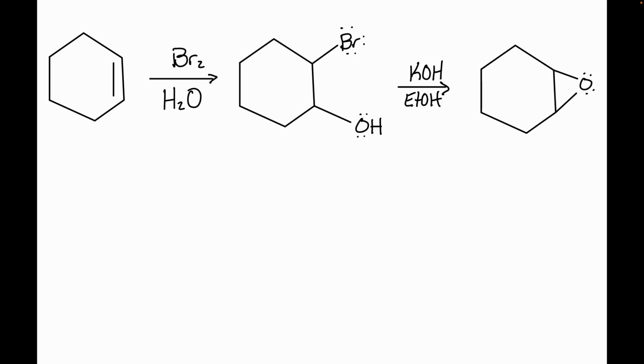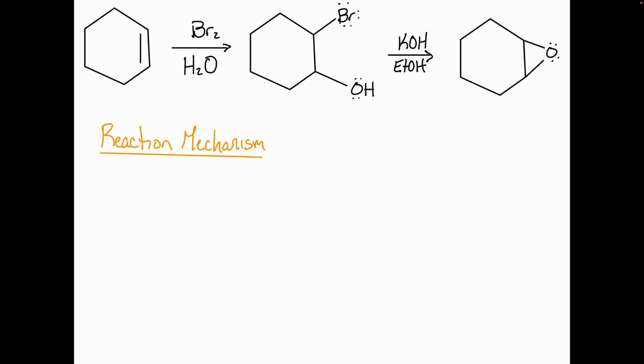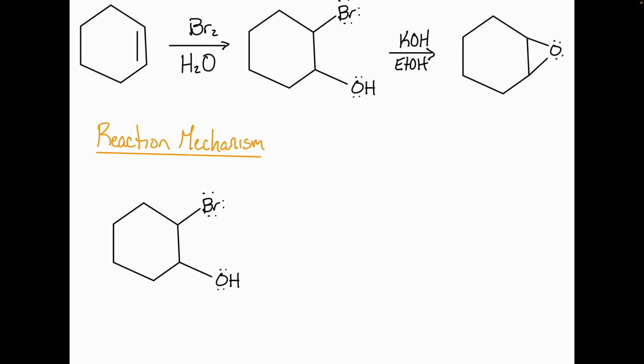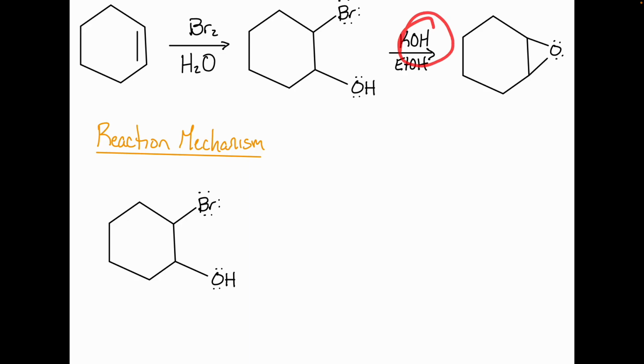What happens here is actually relatively simple. So we can explain this by looking at our mechanism. All right, I'm going to start out with that halohydrin, and I'm going to react it with my potassium hydroxide.